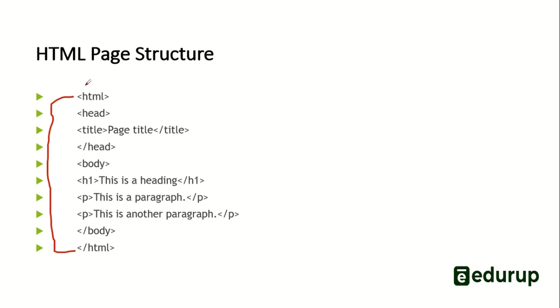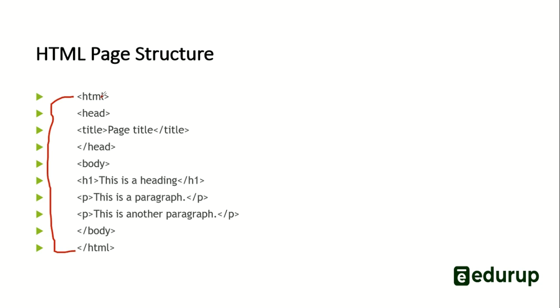What is an HTML tag? What is a tag? Whatever comes inside angular brackets, we call it a tag in HTML. Inside that we write html, which means the HTML tag.